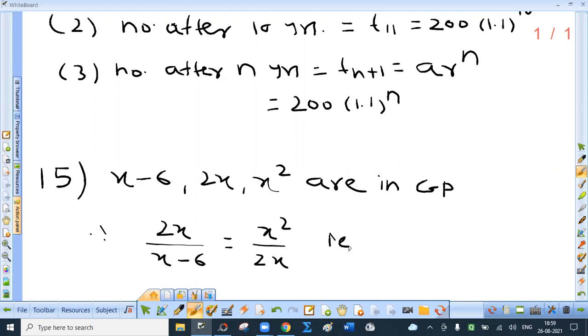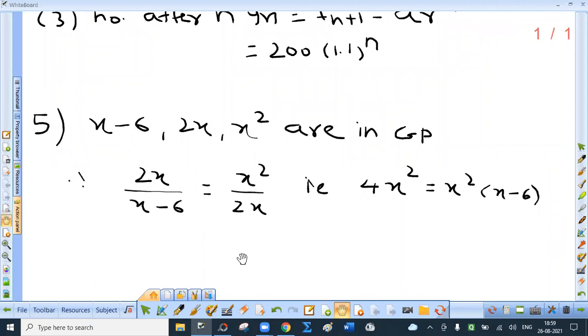That is, cross multiply, 4x square equal to x square into x minus 6. Now, can we divide both sides by x square? Yes, we can. How can x square be 0? No. Therefore, 4 equal to x minus 6, as x square is not equal to 0.